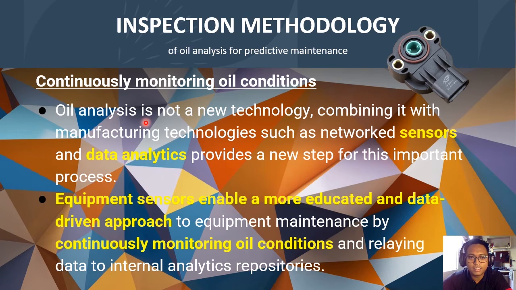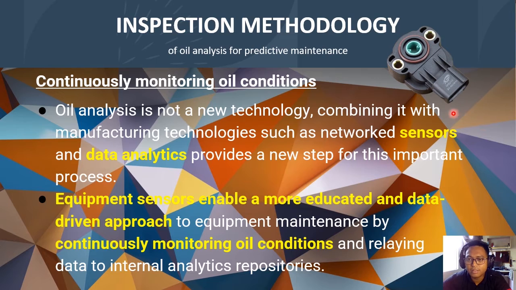The third one is continuously monitoring oil conditions. Since oil analysis technology can be combined with manufacturing technologies, we can have a network of sensors and data analytics, which provide us a new step for this important process. This equipment sensor enables a more educated and data-driven approach.